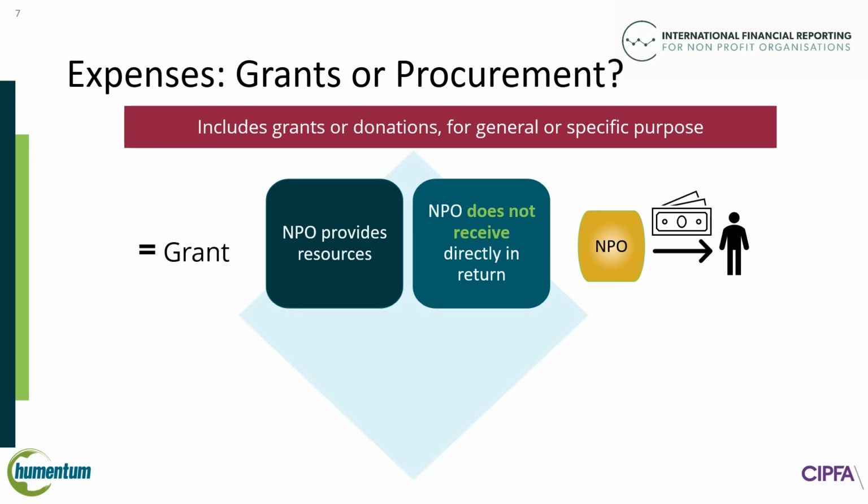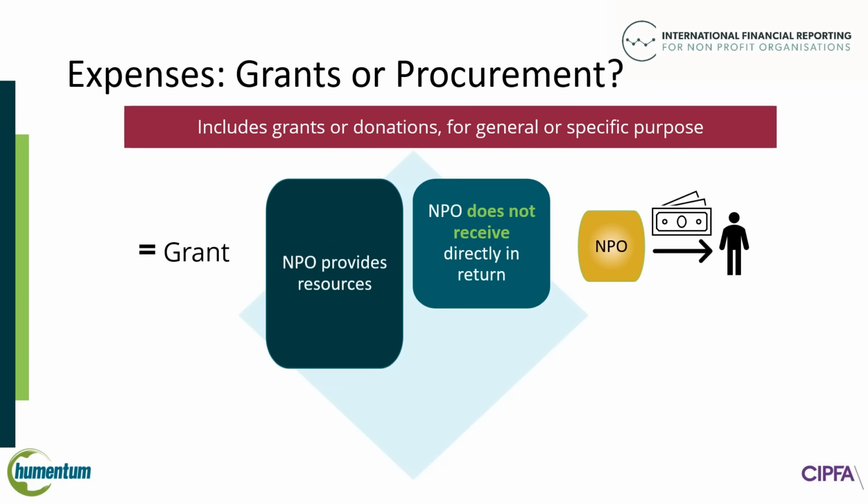NPOs that provide resources are called grant-providing NPOs. While these NPOs do not get something back directly in return for the resources they provide, others will benefit. For example, the resources could be used for the provision of clean water through the construction and maintenance of a well. This would directly benefit those in the vicinity of the well, but will not directly benefit the NPO that provided the resources.